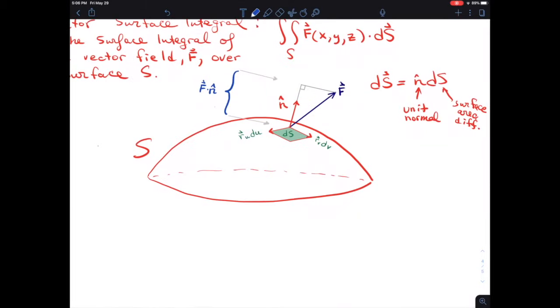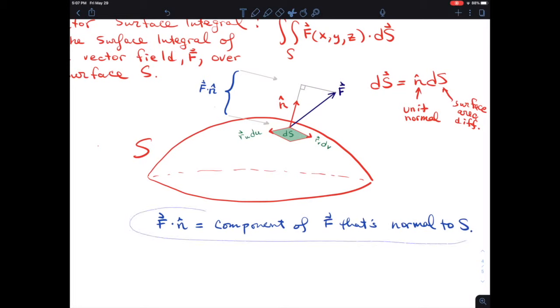And maybe just to put it down in words here, we've done projections many times, so I don't want to go over projections again, but f dot n is the component of f that's normal to S.